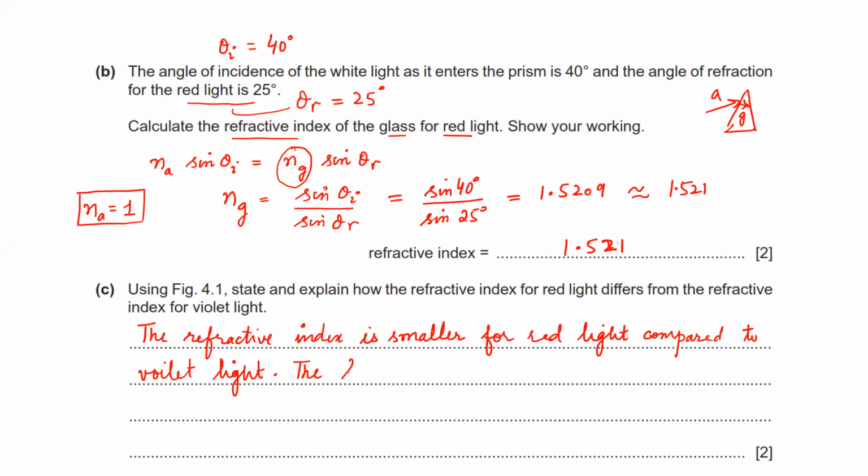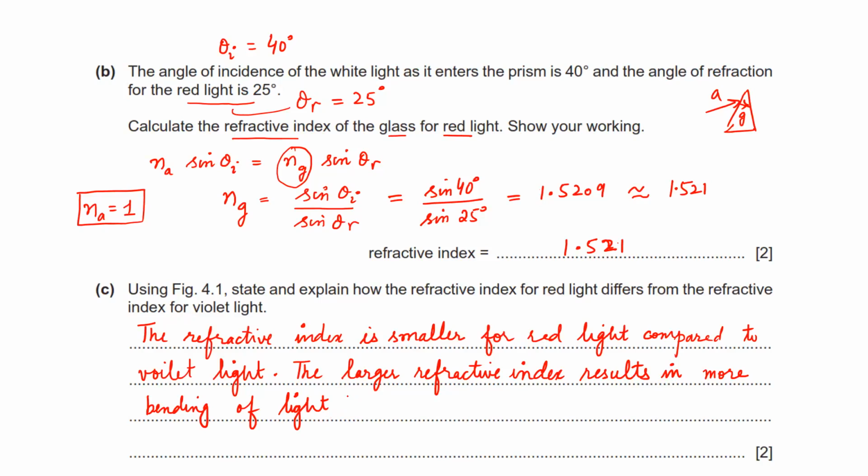The larger refractive index results in more bending of light.